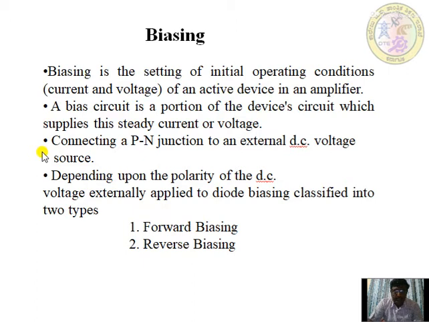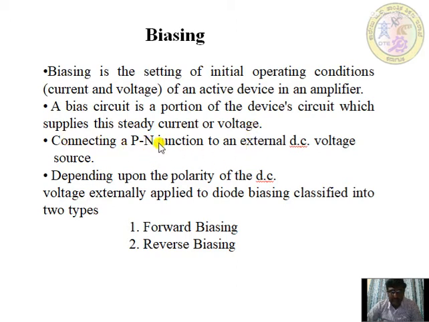So what is biasing? Biasing is the setting of the initial operating conditions, that is current and voltage, so that we can apply the current or the voltage to an active device in an amplifier. A bias circuit is the portion of the device circuit which supplies the steady current or voltage.